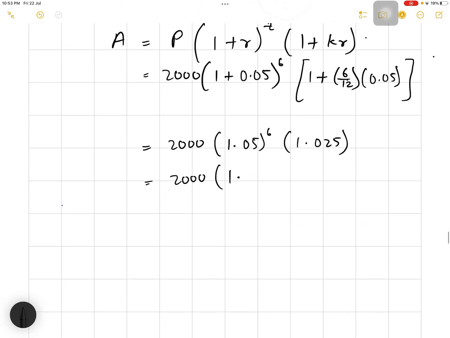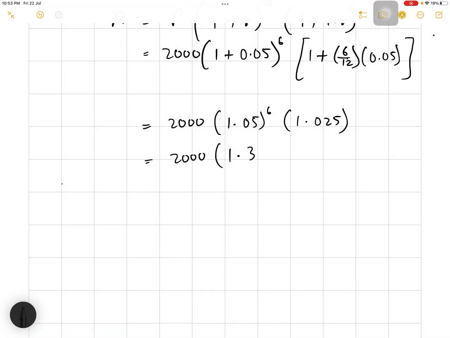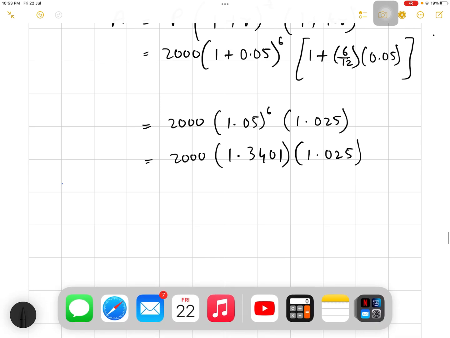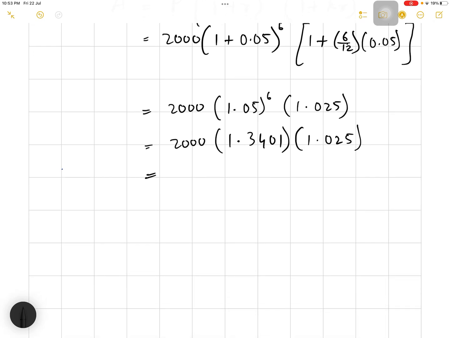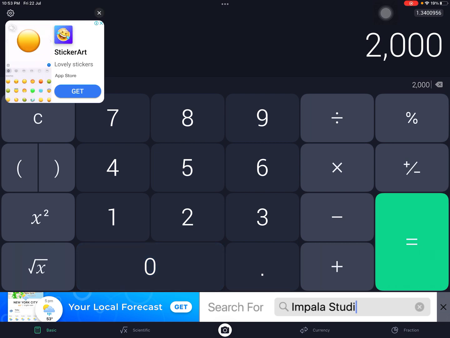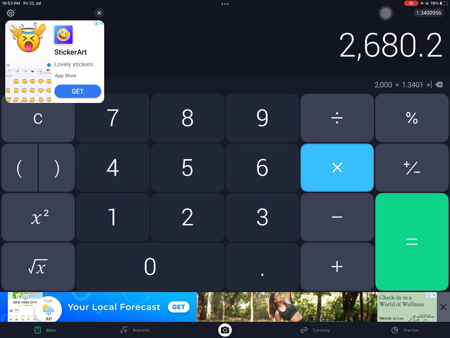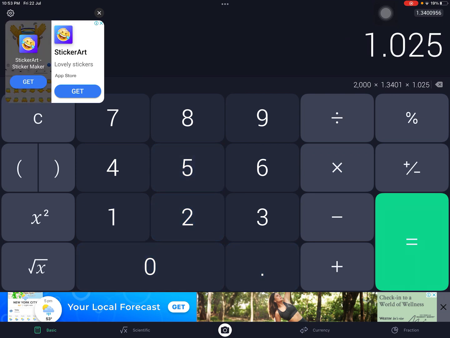Now 2000 into what we got, 1.3401. Let's multiply this: 2000 into 1.3401 into 1.025.